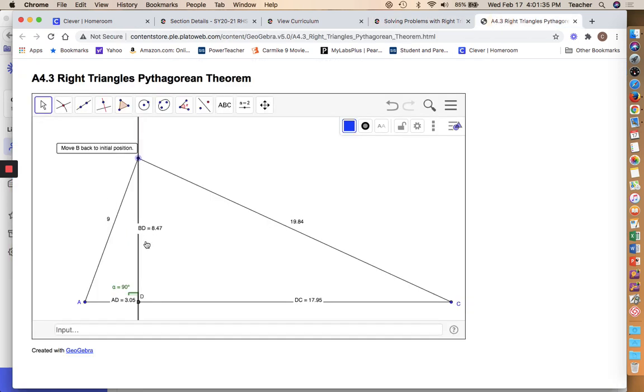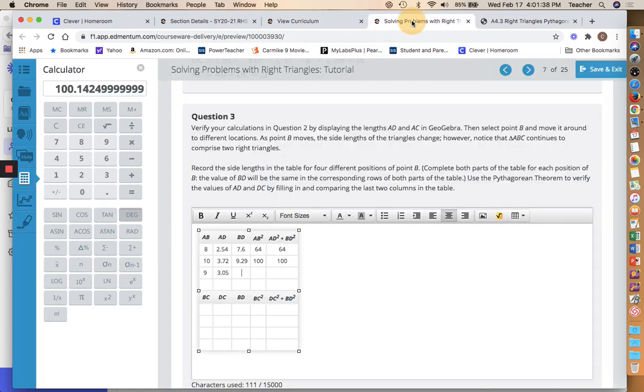BD is 8.47. Well, 9 squared is 81. So I got 3.05 squared plus 8.47 squared equals, yep, there it is, roughly about 81.